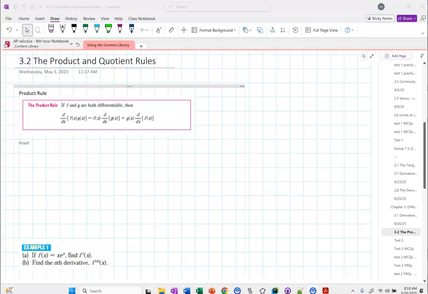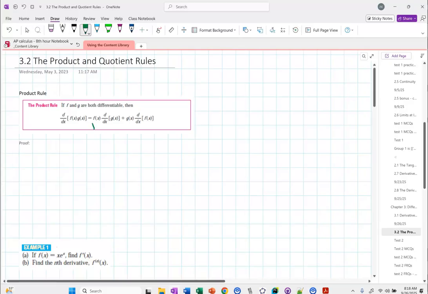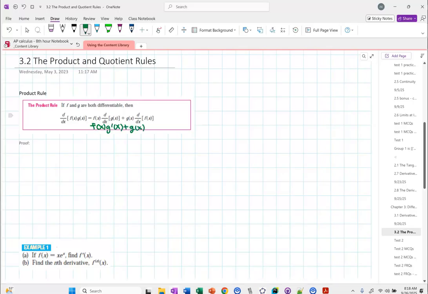So we're going to prove this. So essentially what we're saying here is that the derivative of a product of two functions is the first function times the derivative of the second, plus the second function times the derivative of the first.